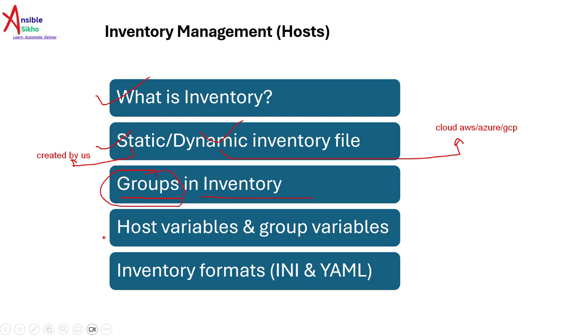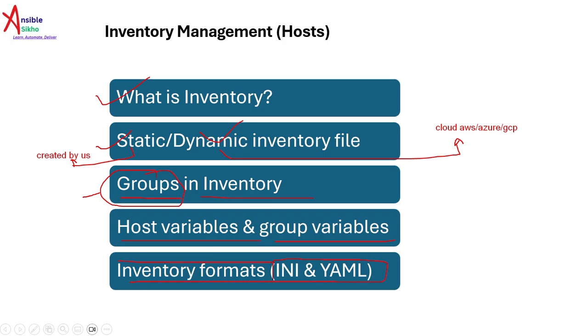Then organizing inventory in a real environment like dev, QA, prod, we will see that. A well-structured inventory makes automation very clean and scalable and readable as well. Okay. Host level, group level, inventories, we will see that. Okay, inventory formats, INI and YAML.